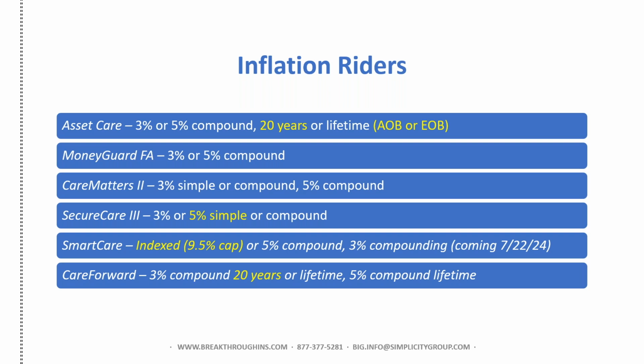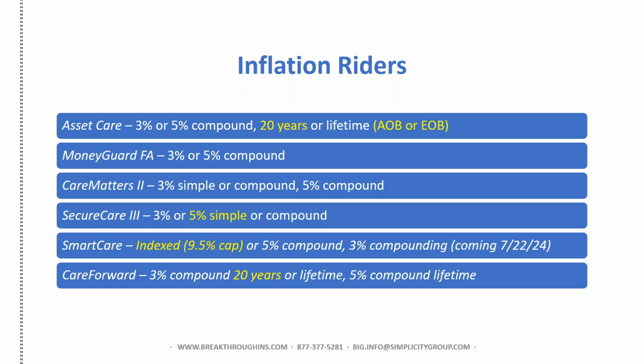Now, I have AOB or EOB in parentheses here because asset care is the only product where you can individually choose to put inflation on each. So you can choose to put inflation on the acceleration of the death benefit or not, and then on the extension of benefits or not.